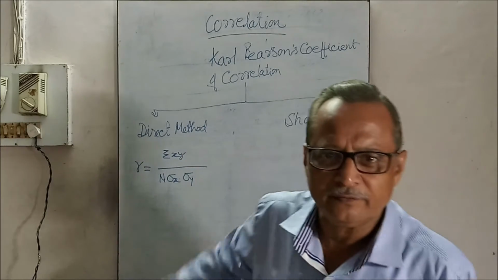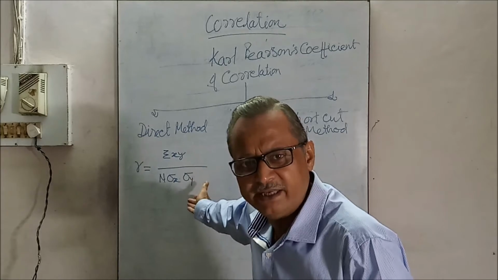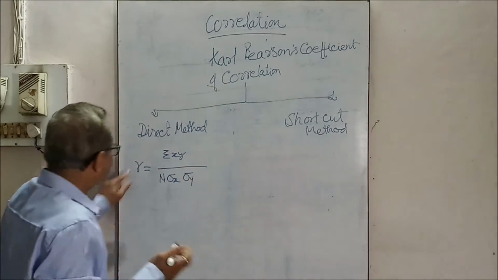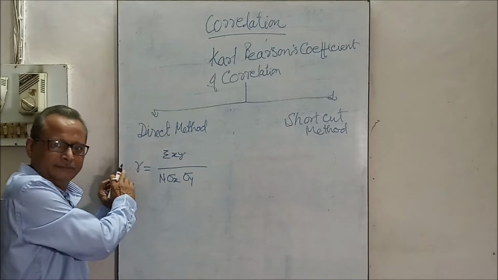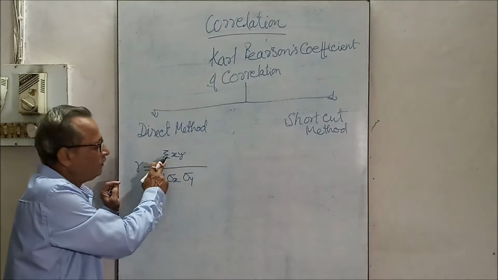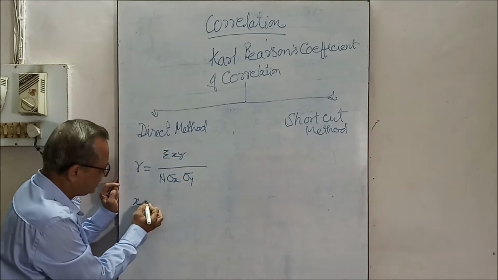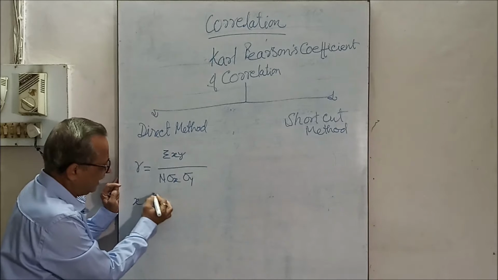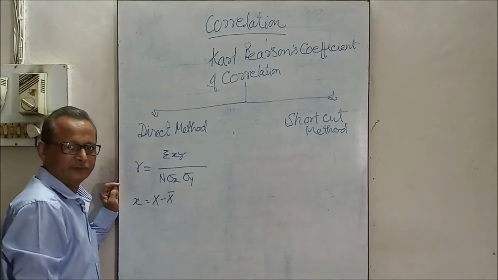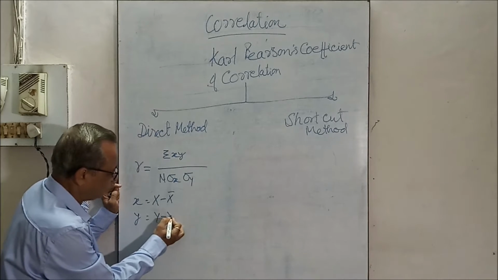So how will we use this direct method in the individual series? What is the meaning of it? As r denotes the correlation, sigma xy means the total of xy. Here x denotes x minus x bar and y denotes y minus y bar.